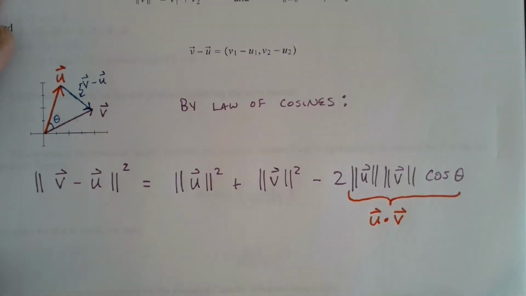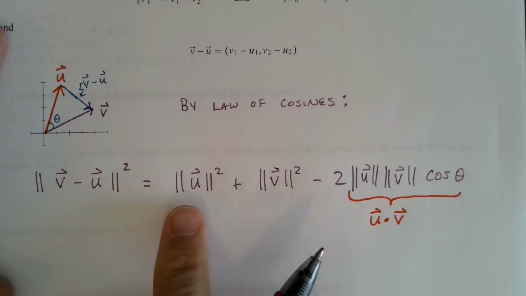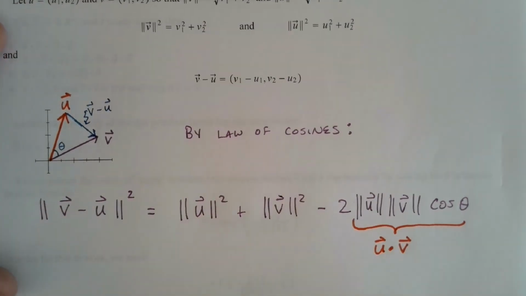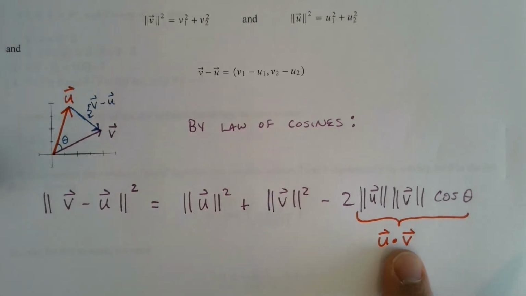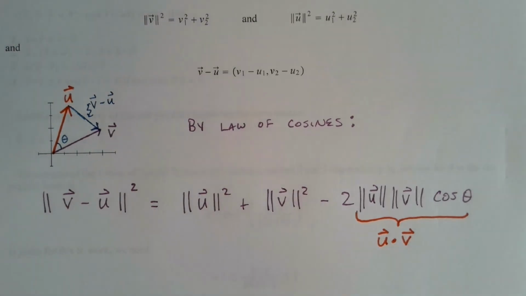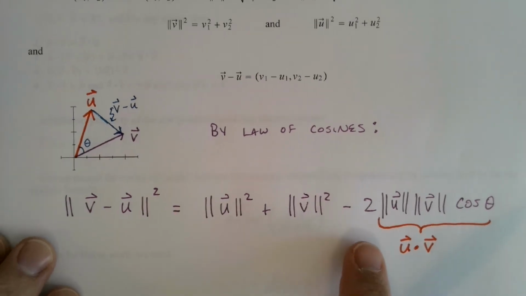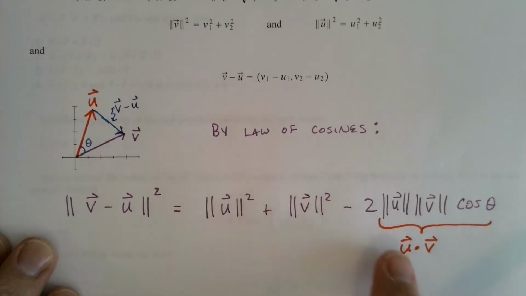Okay, and here's the thing. These other things here I can write in component form. In fact, we kind of talked about it up here. And so I can express this dot product in terms of the components of u and v. And I just need to do a little algebra to solve this. So this is minus 2 u dot v, right?